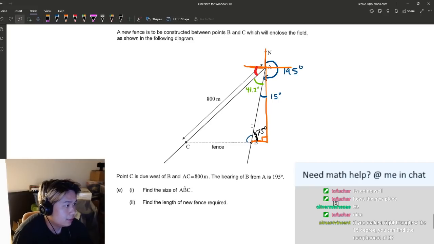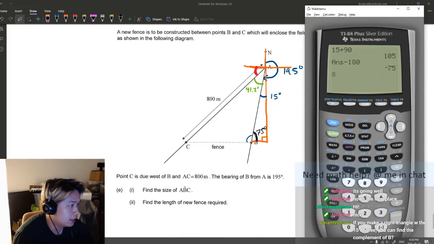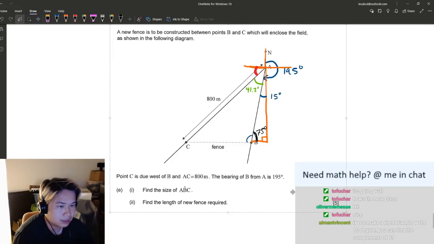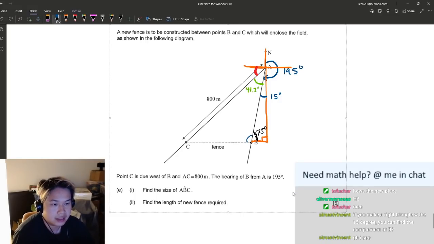So that angle is 75, which means that this angle is the supplement to it, not the complement. Complement is when they add to 90 degrees. So, oh, this is 105. Okay, there you go. We just found this out. It's 105.